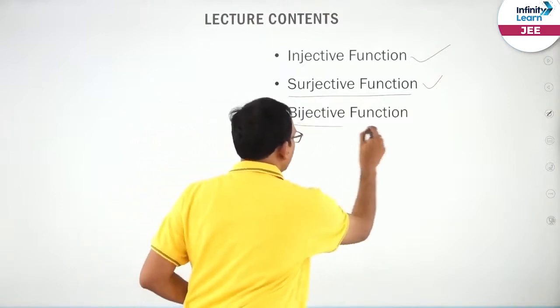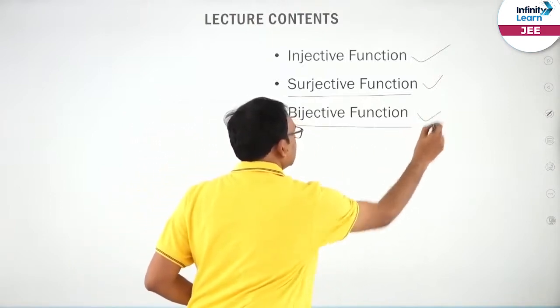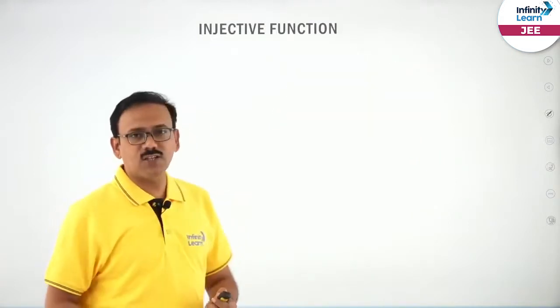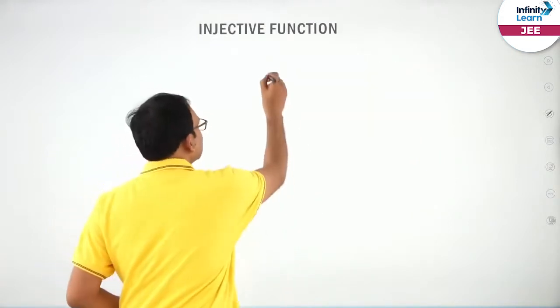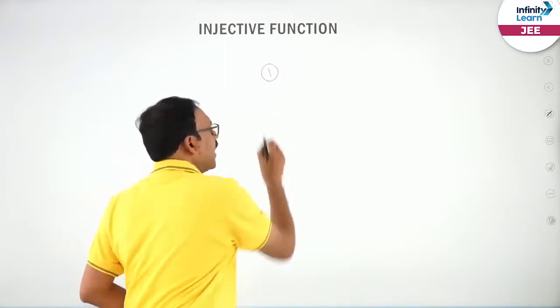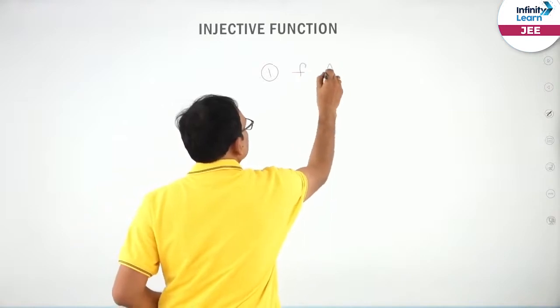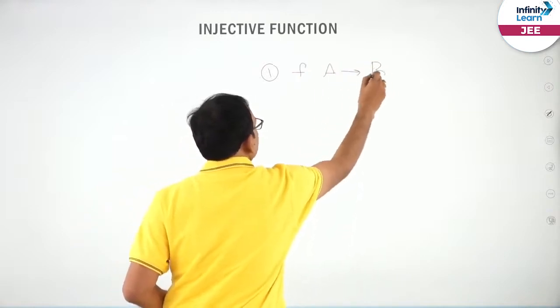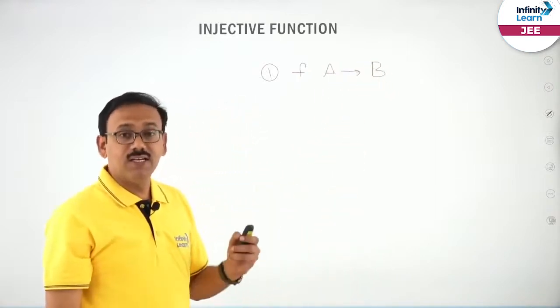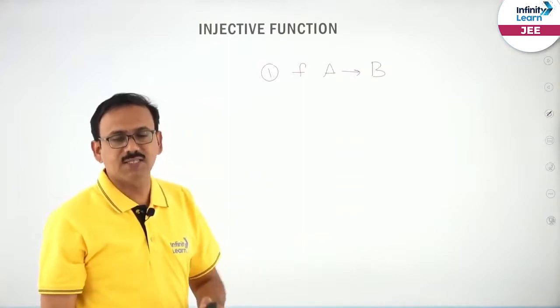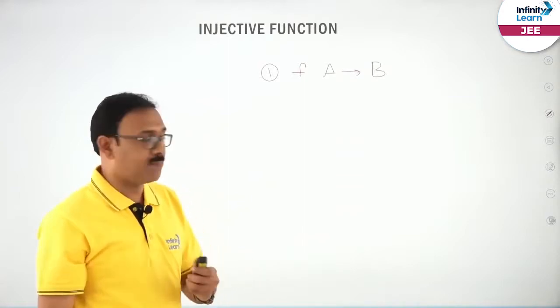Next one is bijective function, that is of course bijection we call. Injective function, let me recall just the important point. A function f from A to B is said to be injective function if distinct elements of the domain have distinct images. That was the first point that I have explained.